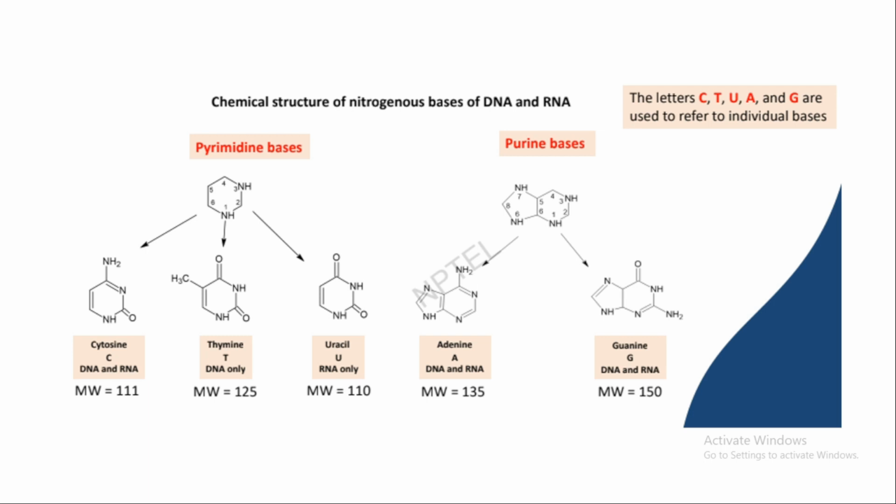So one nucleotide is basically the nitrogenous base, ribose or deoxyribose sugar depending on DNA or RNA, and the phosphate moiety. Okay.